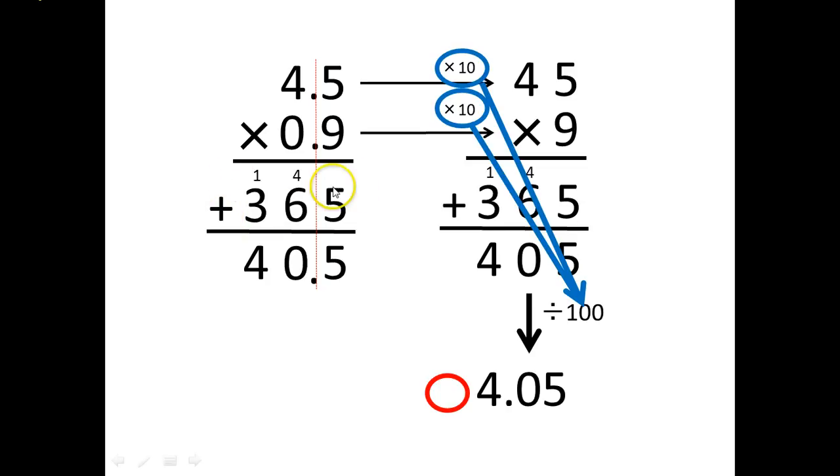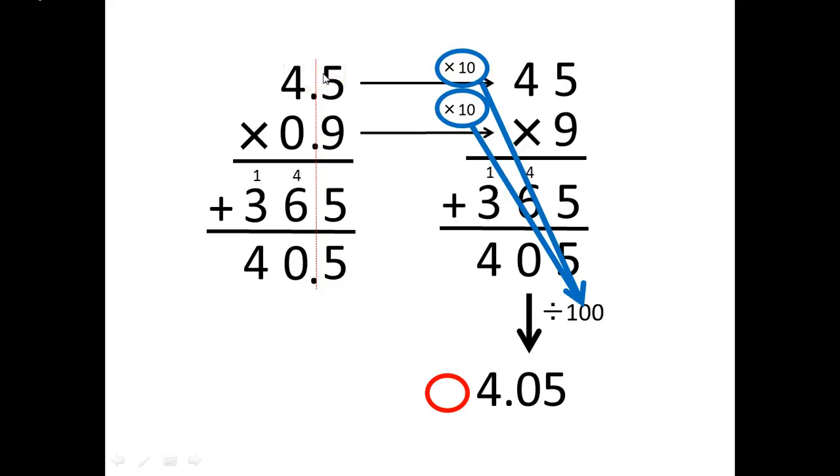If you compare these numbers here and these numbers here, it's the same thing. So here you have 405. It's actually the same over here, 405. Yep. So that's another way you could try and solve this multiplication problem.